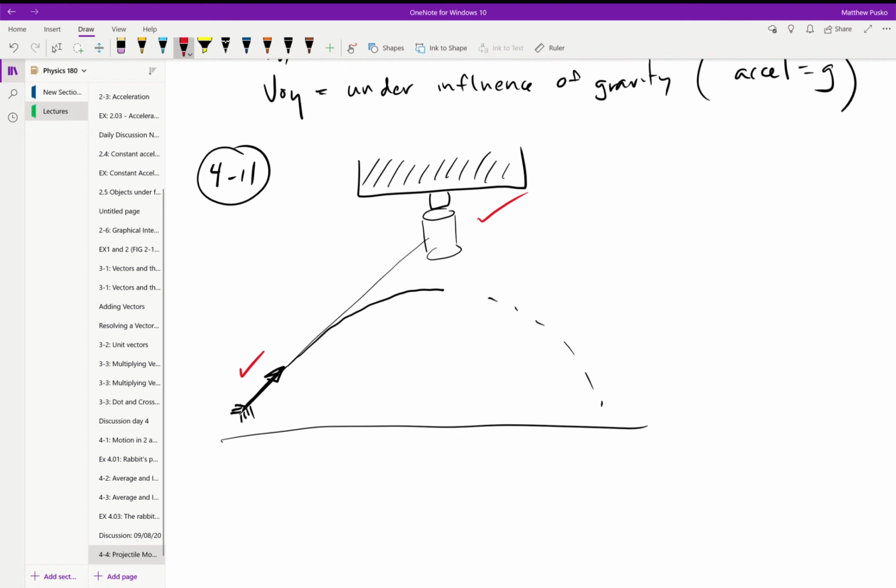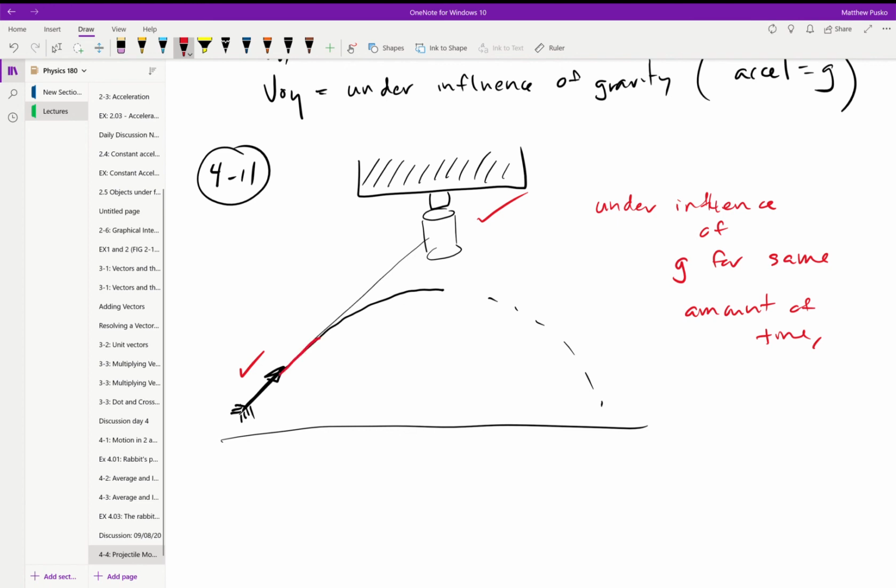we will see, since they were both under the influence of gravity for the same amount of time, that they are actually going to hit.